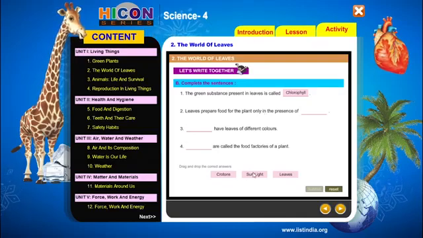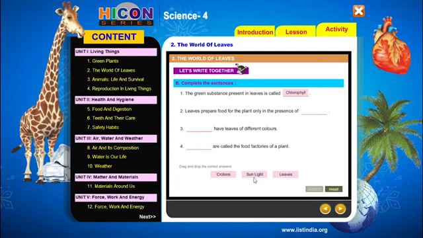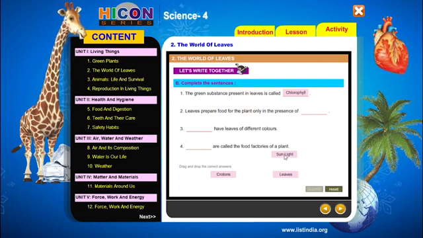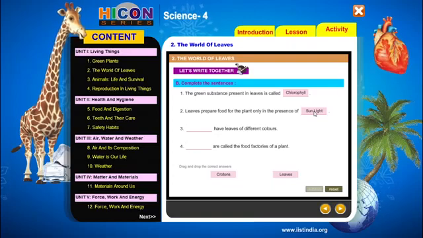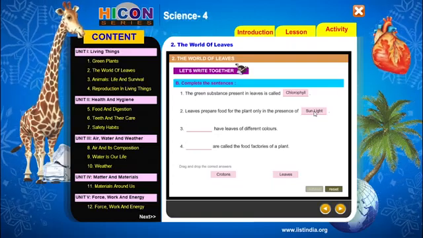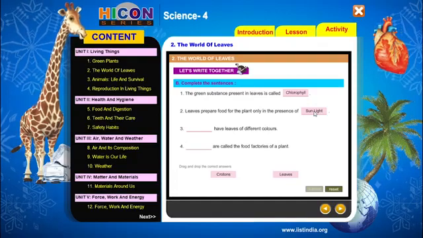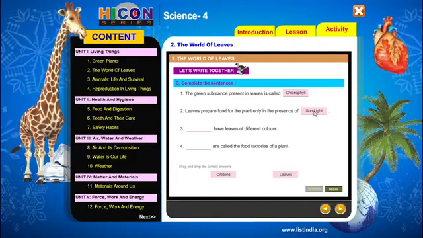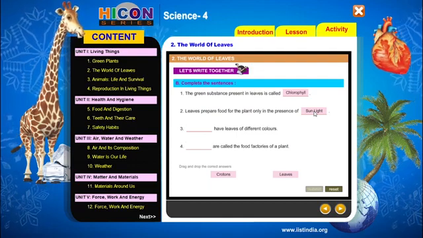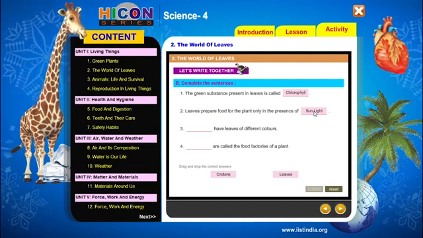Which one is the correct answer for the second sentence? Yes, sunlight. So leaves prepare food for the plant only in the presence of sunlight. If there is darkness, they do not prepare their food. So the correct answer for the second sentence is sunlight.